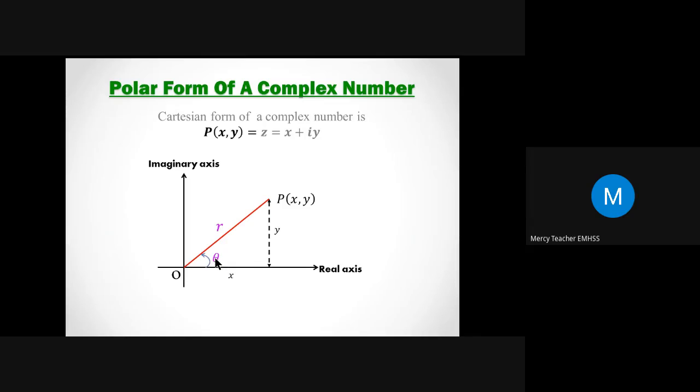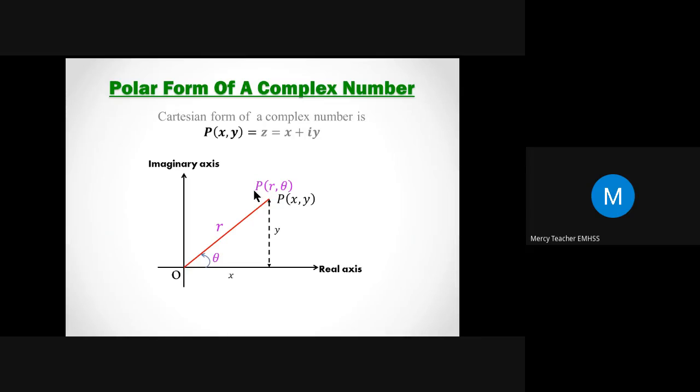So theta is nothing but the angle between the real axis and the line from origin to the complex number, and r is nothing but the distance. Okay, so these two are the coordinates of the polar form. So now the polar form can be represented as P of r comma theta.